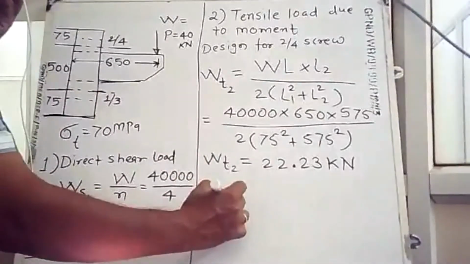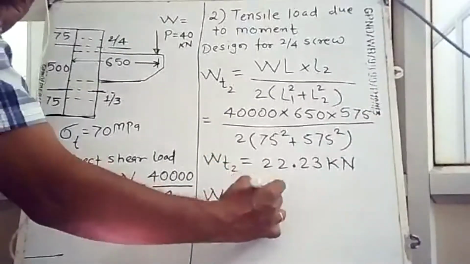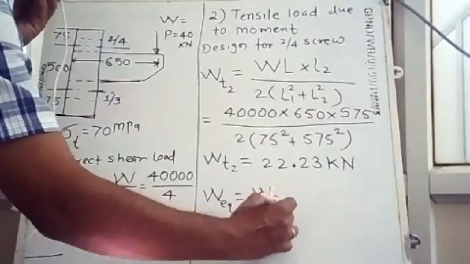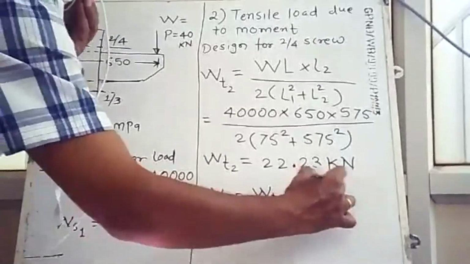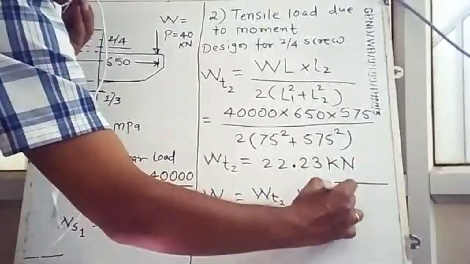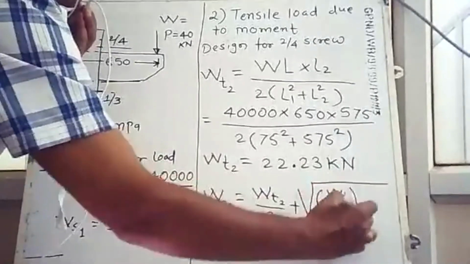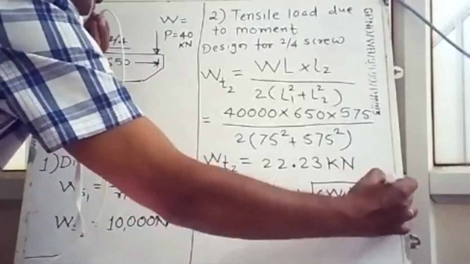That equivalent load on the second screw, that we can find by taking whatever direct load divided by 2 plus under root whatever direct load divided by 2 square plus whatever shear load square.